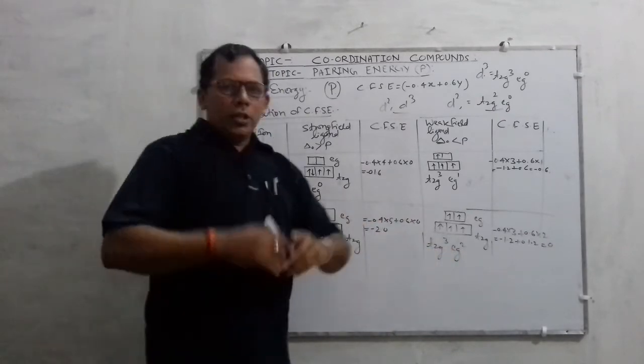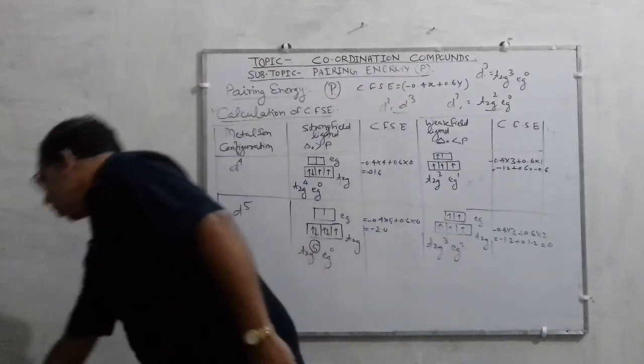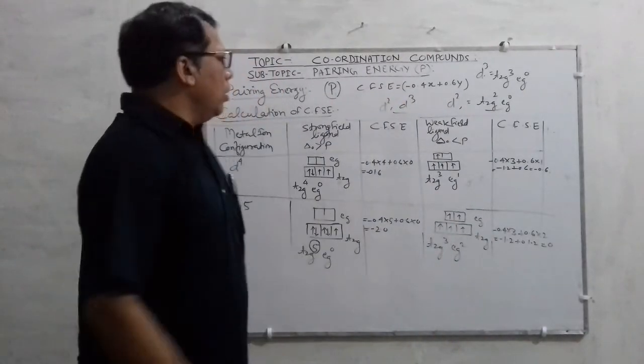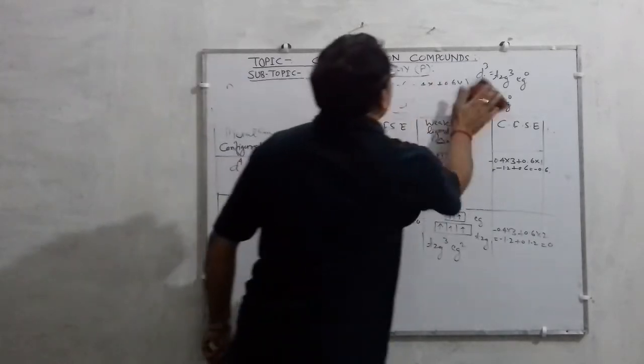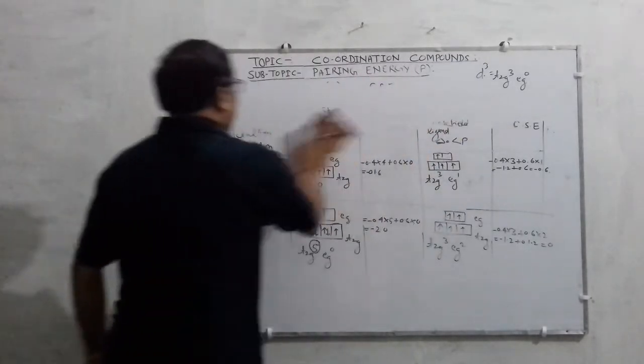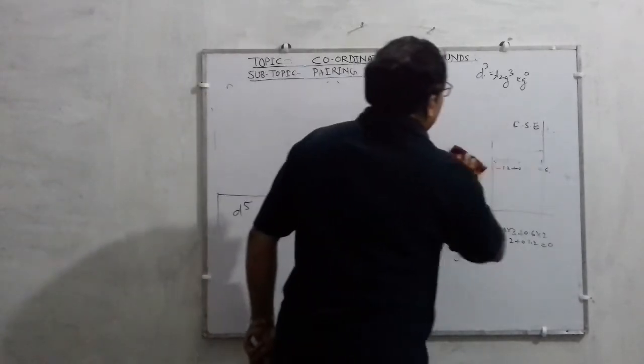Alright, some questions come that ask you to write the electronic configuration of a complex compound according to crystal field theory. Listen children sincerely, one more important point concerned with t2g and eg.